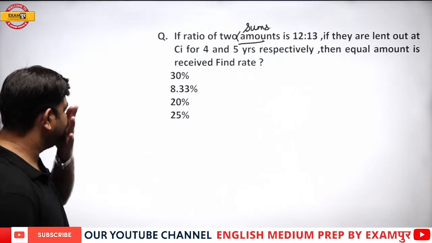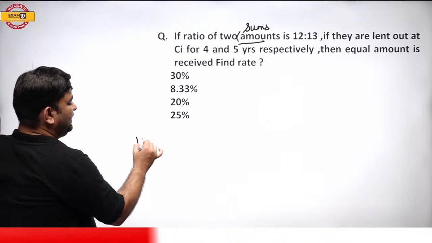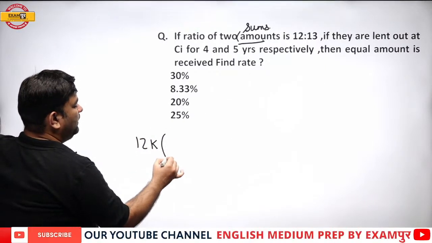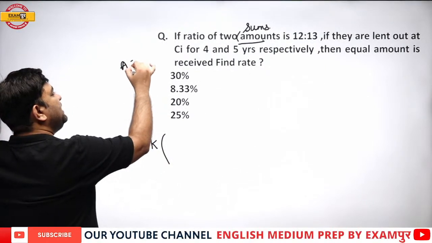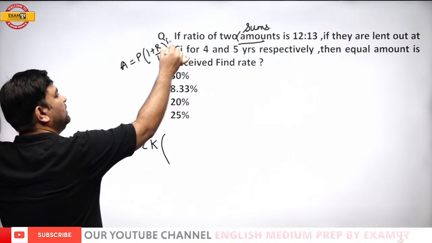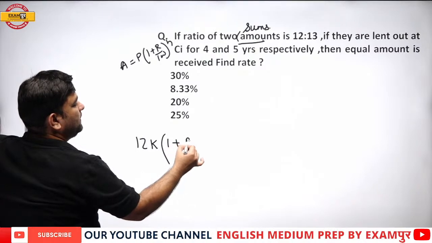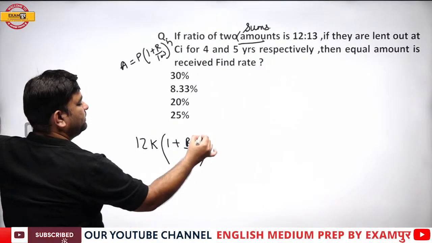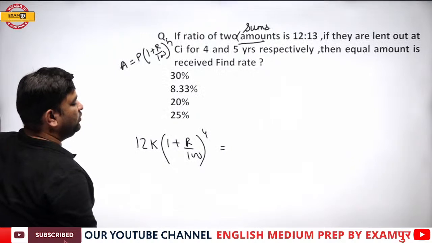Doable. Let the first principal is 12K. Amount is A is equal to P(1 plus R upon 100) to the power n. First amount is equal to second amount.